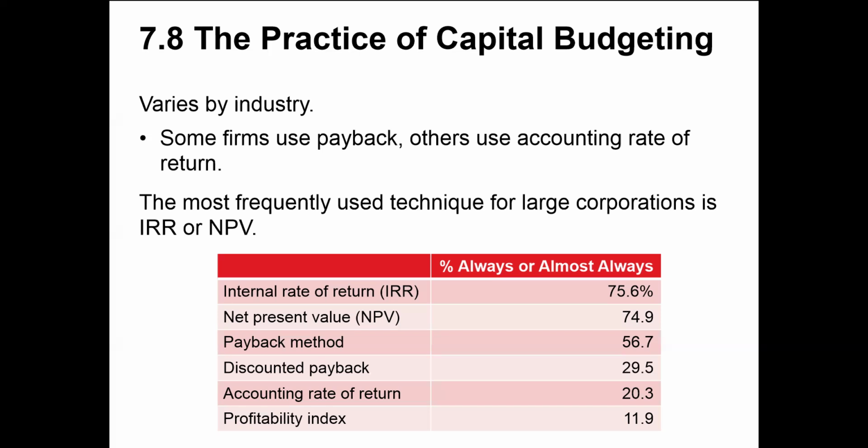So 75% prefer the internal rate of return, and almost the same percentage, 74.9%, prefer the net present value, and 56% prefer the payback method, 29% prefer discounted payback, 20% prefer accounting rate of return, and then 11% the profitability index.